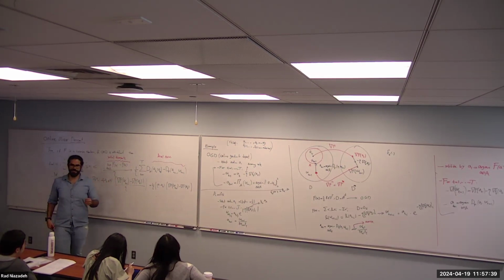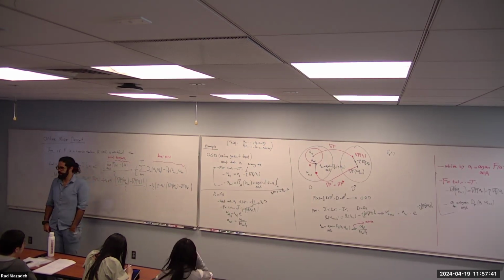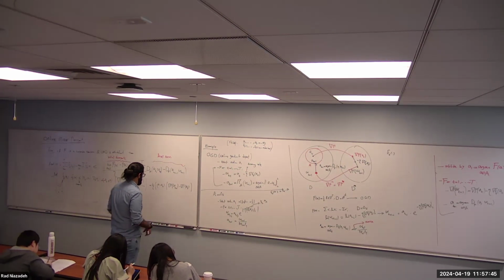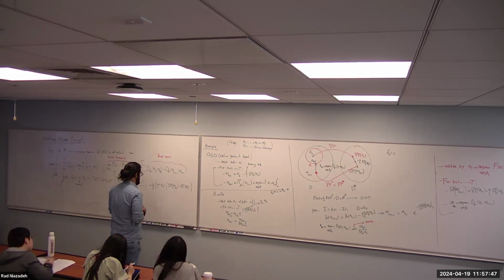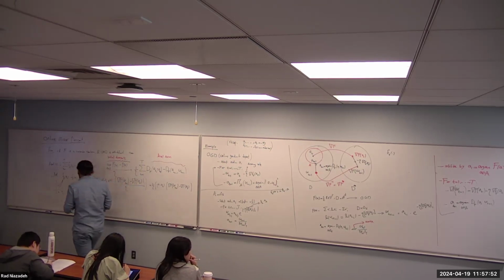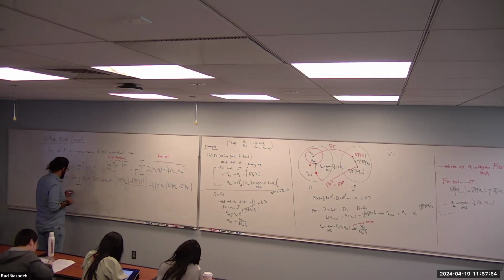So now this is the part where I'm going to use one of my useful lemmas, lemma number 1. So this is equal to something that only has Bregman divergences.